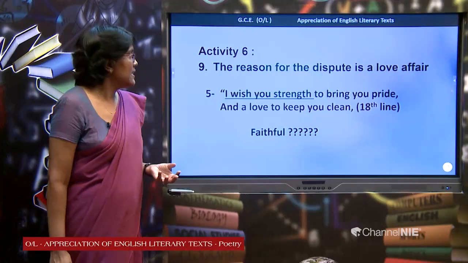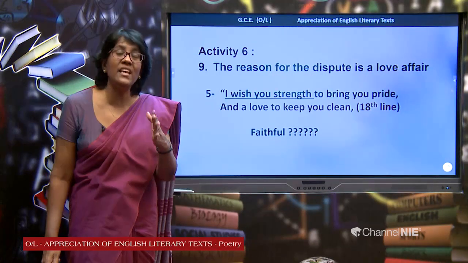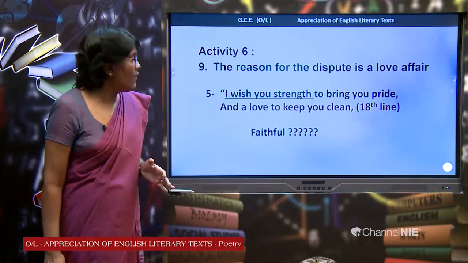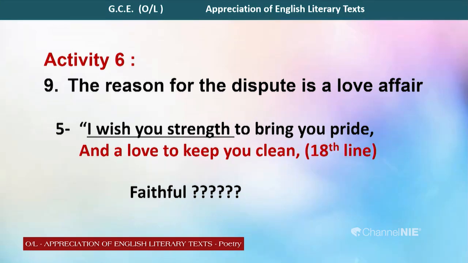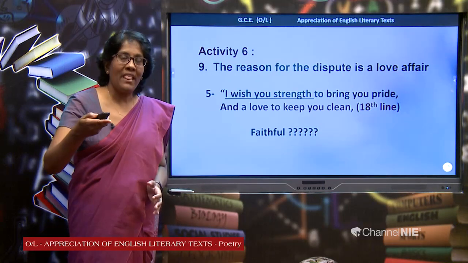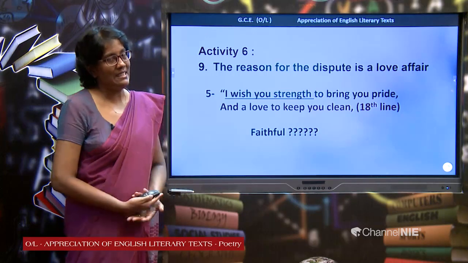The speaker says, I wish you strength to bring you pride and a love to keep you clean. The 18th line in this poem, Farewell to Barn, Stack and Tree, says a love to keep you clean. So you can understand his love was not clean.